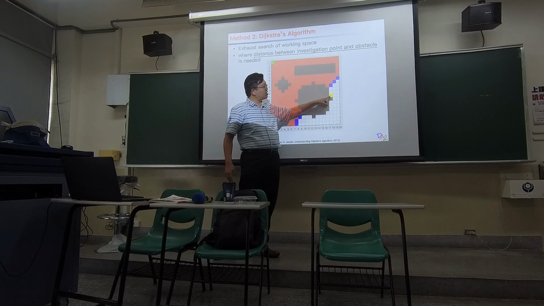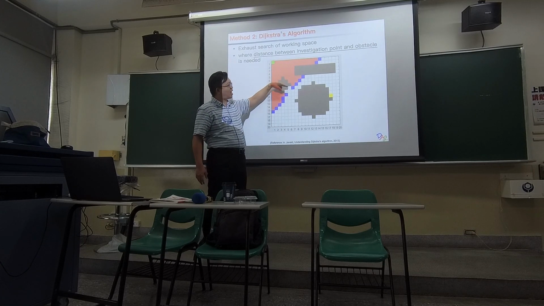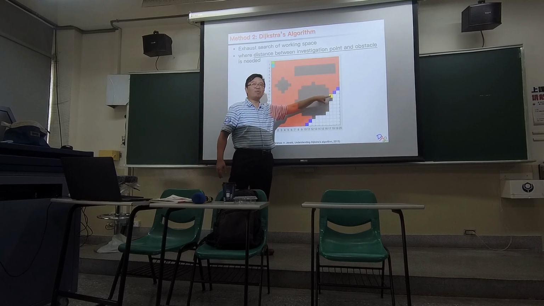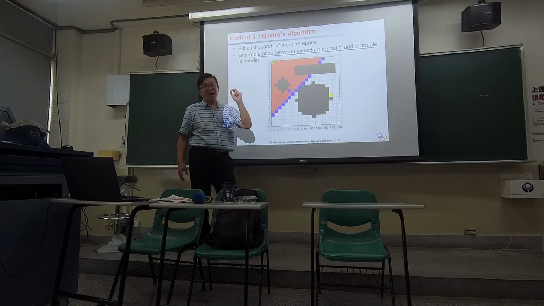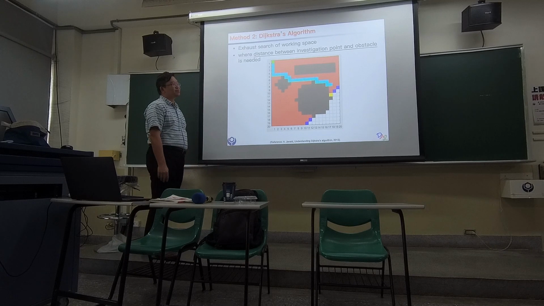Once it reaches the target, the computer will figure out how many steps it has taken. There is one trajectory or multiple trajectories that took the shortest path, then move along that path.